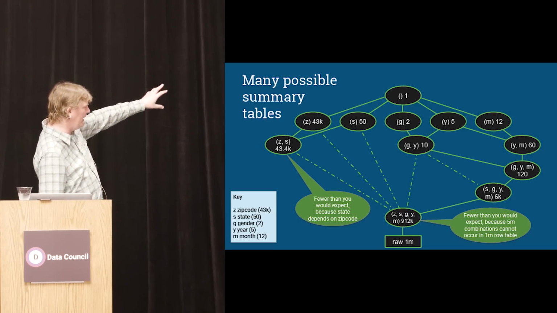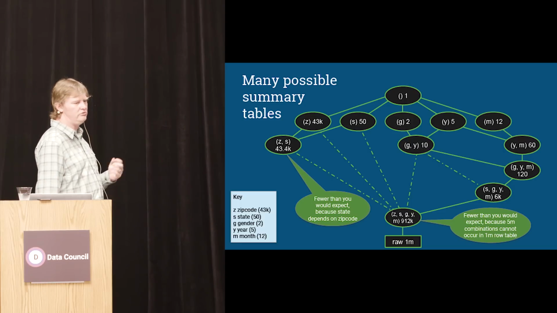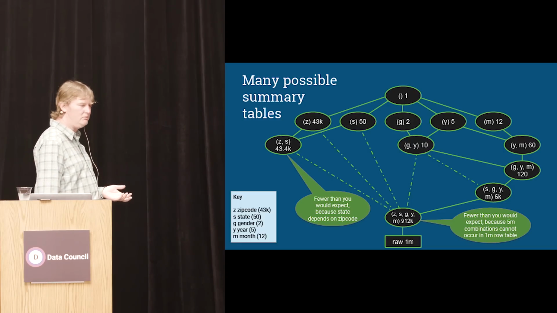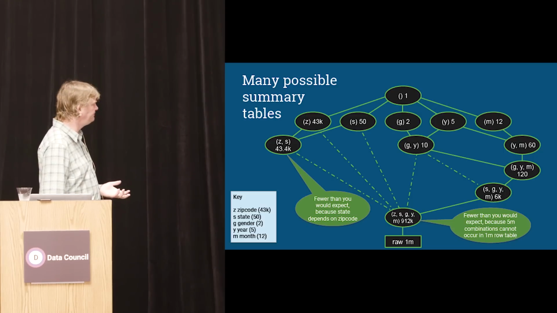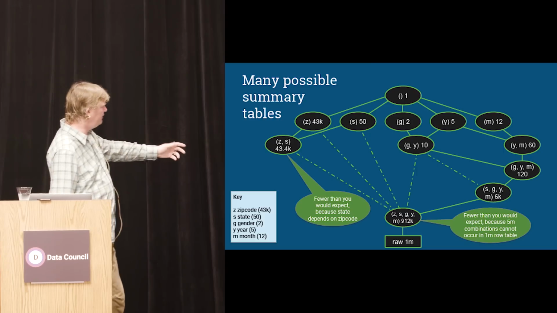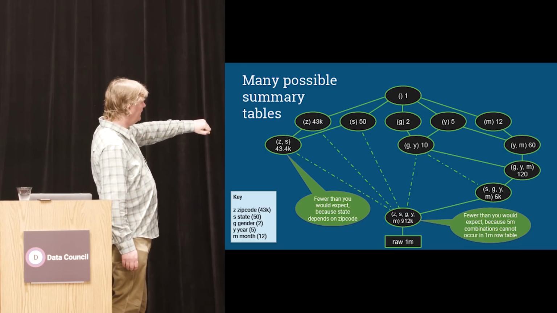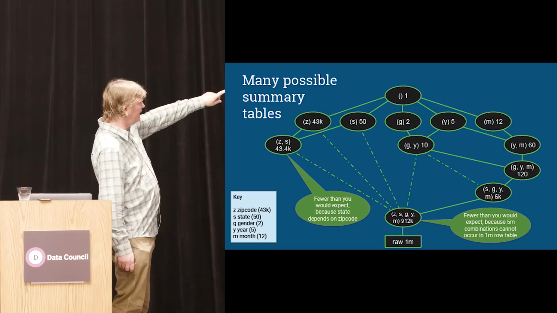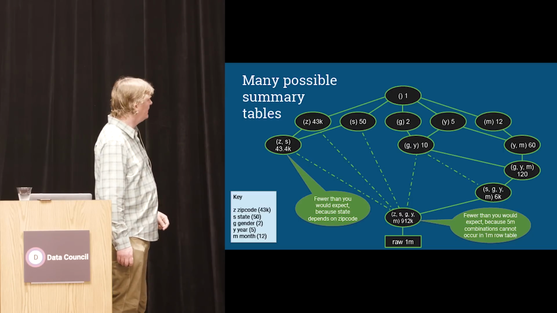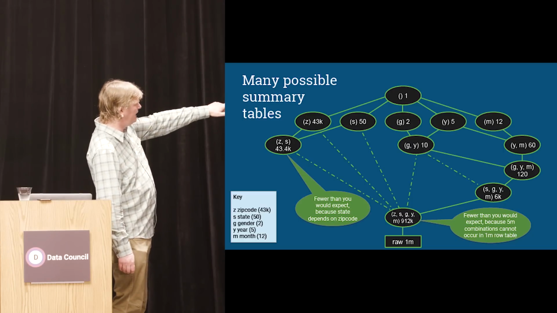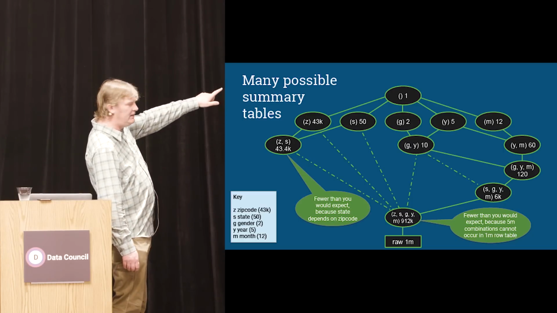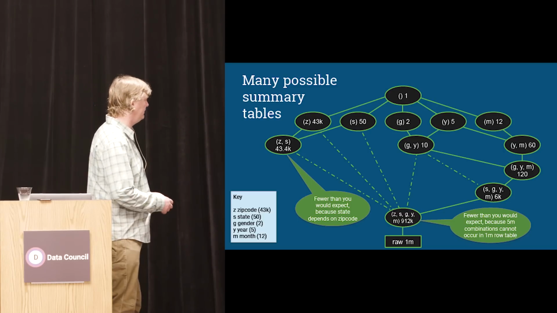Every single item in this graph is a possible group by clause and therefore a possible summary table. We don't want to build all of them. There is a property that if you, for example, have a summary table on year and month, we can roll that up to year. So that's what the line between y comma m and y is saying: we can make that roll up.